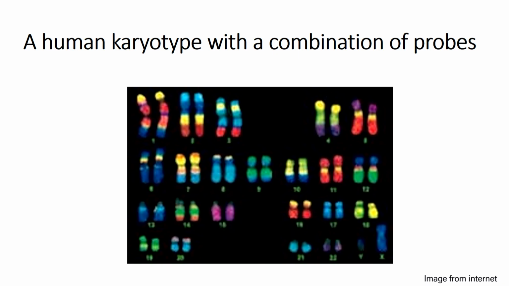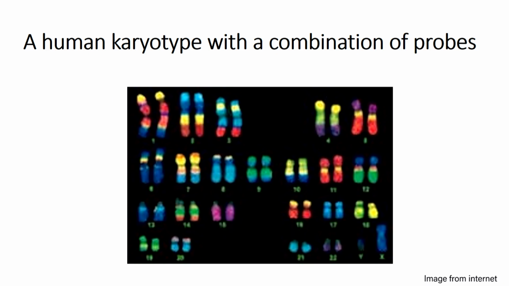Once again, when we are painting, we are using several different probes which hybridize to one chromosome or to another chromosome. This way you can see chromosome 1 has a certain color.